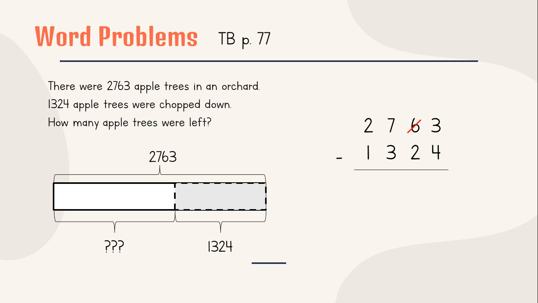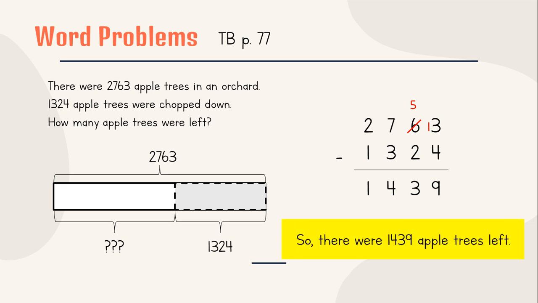Cannot. So borrow 1 from 1 tenth. 6 tenths borrow 1 tenth will be 5 tenths. So we have 13 ones minus 4 ones, 9 ones. And 5 tenths minus 2 tenths equals 3 tenths. 7 minus 3, 4, and 2 minus 1, 1. So how many apple trees were left? 1,439.